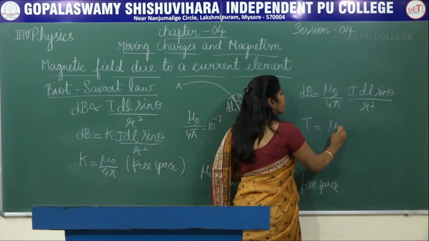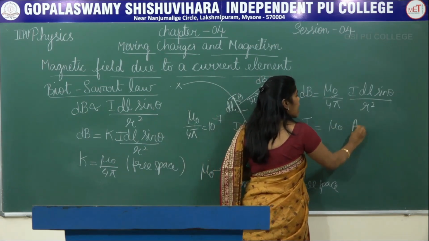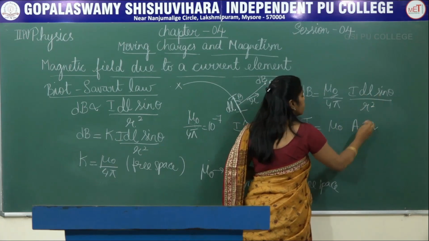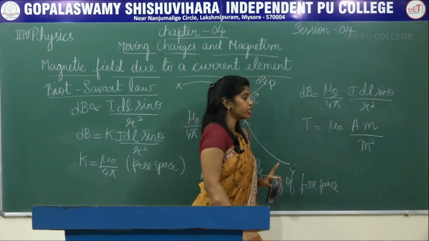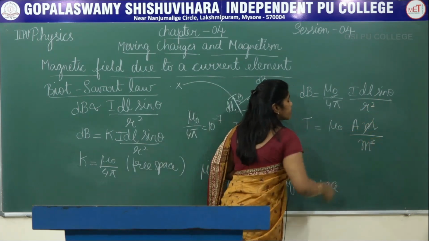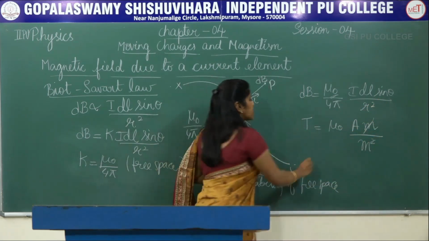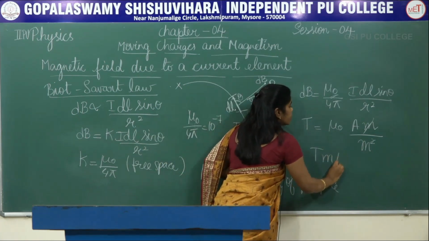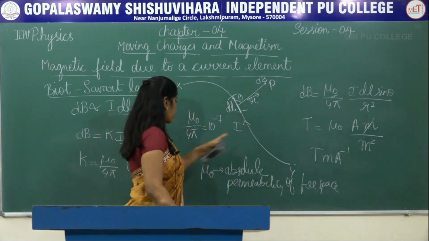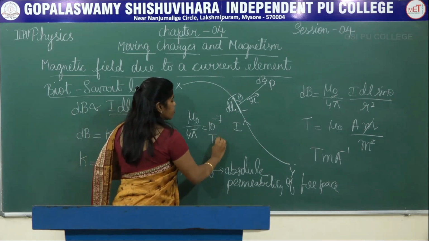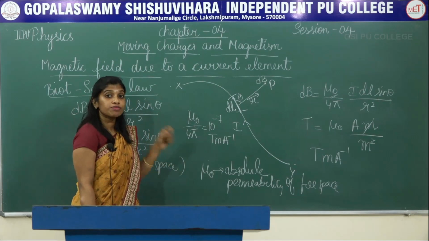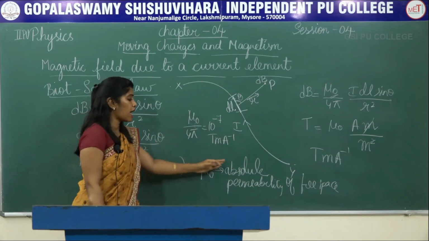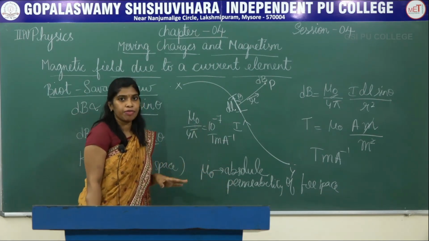Tesla is equal to mu naught, I is ampere, dl is measured in meter, r square in meter square. The rest doesn't have any unit. So, meter and meter get cancelled. The remaining things are Tesla meter per ampere. So, Tesla meter per ampere is the unit of mu naught. Mu naught is the absolute permeability of free space.